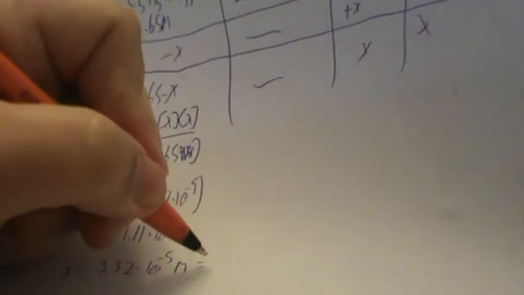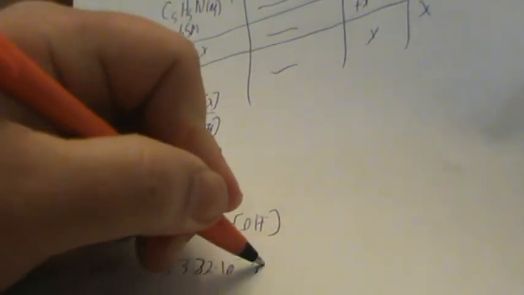So x is equal to our hydroxide ion concentration. To find the pH, we can take two different routes. Usually most people find the pOH first, so negative log of 3.32 times 10 to the negative fifth.